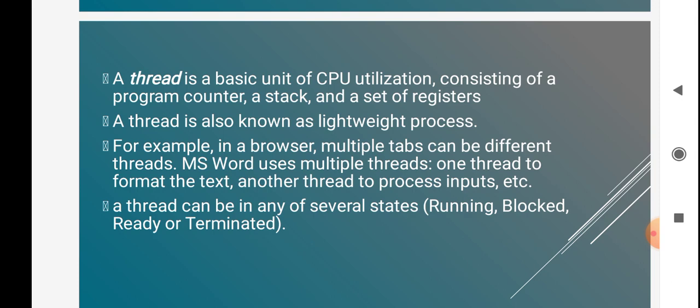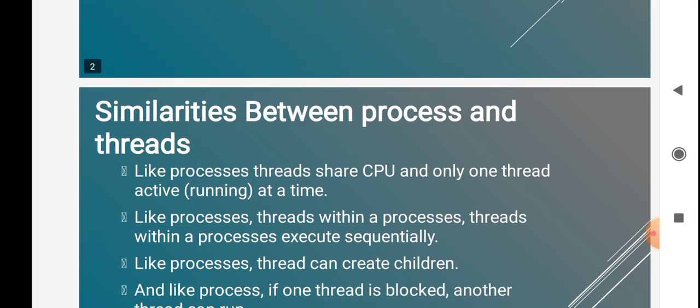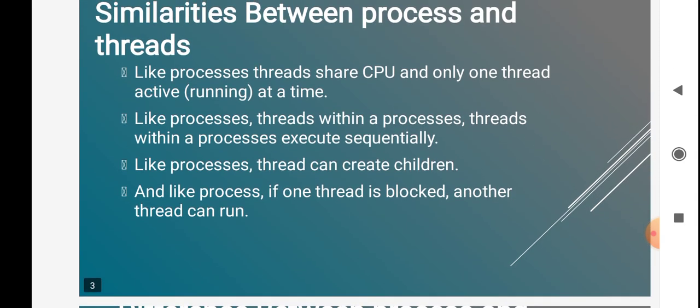Now we'll see the similarities between processes and threads. As I told, like processes, threads share the CPU and only one thread is active at a time, meaning only one thread may run at a time.